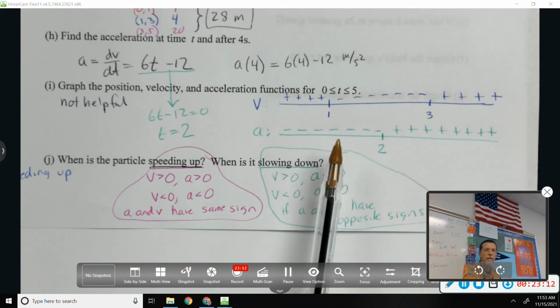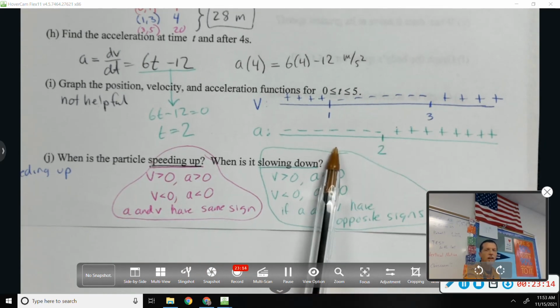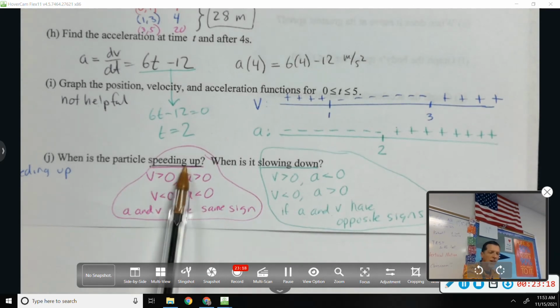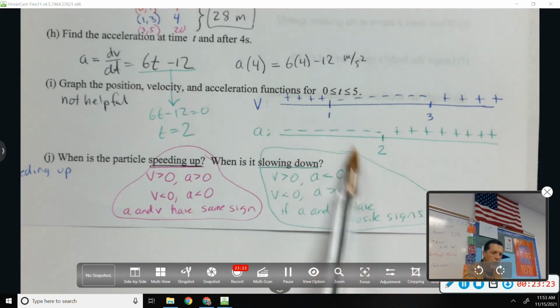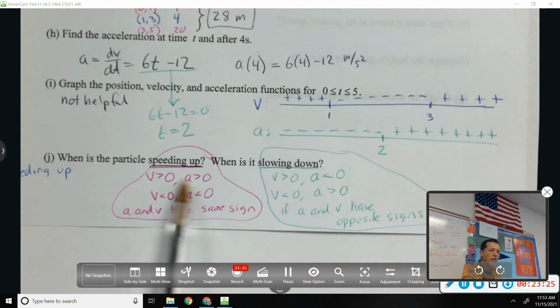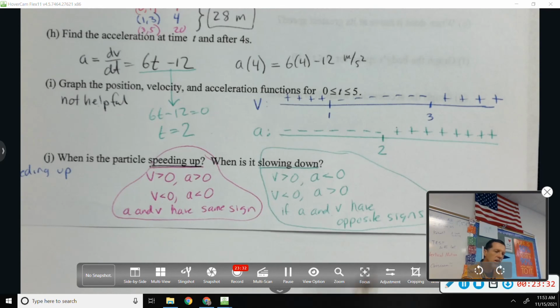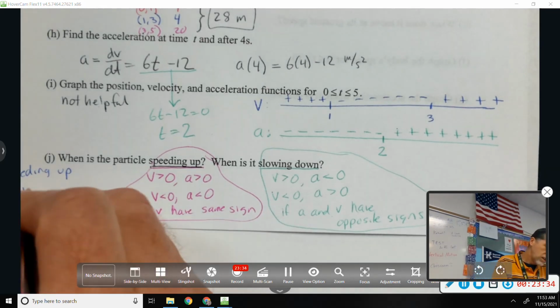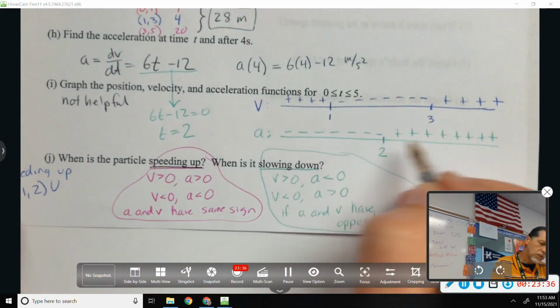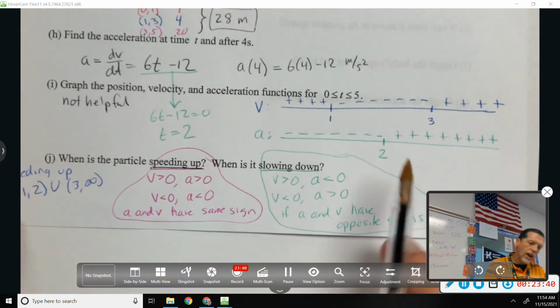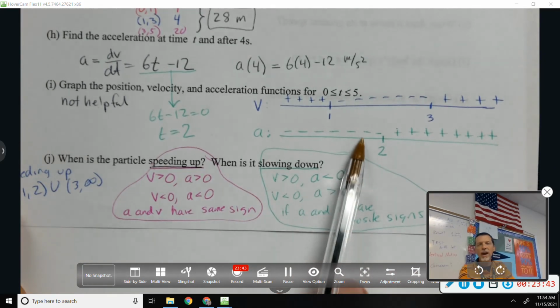Wait, don't do the interpretation yet. Speeding up is where they have the same sign. So you have to look at both of these now and ask on what intervals do V and A have the same sign? 1 to 2 and 3 to infinity. And you're right, from 1 to 2 you're speeding up backwards.